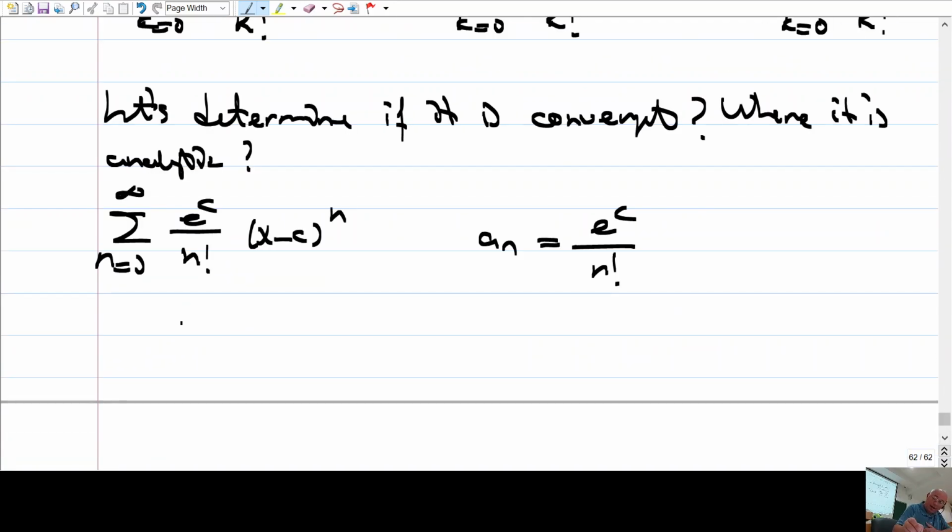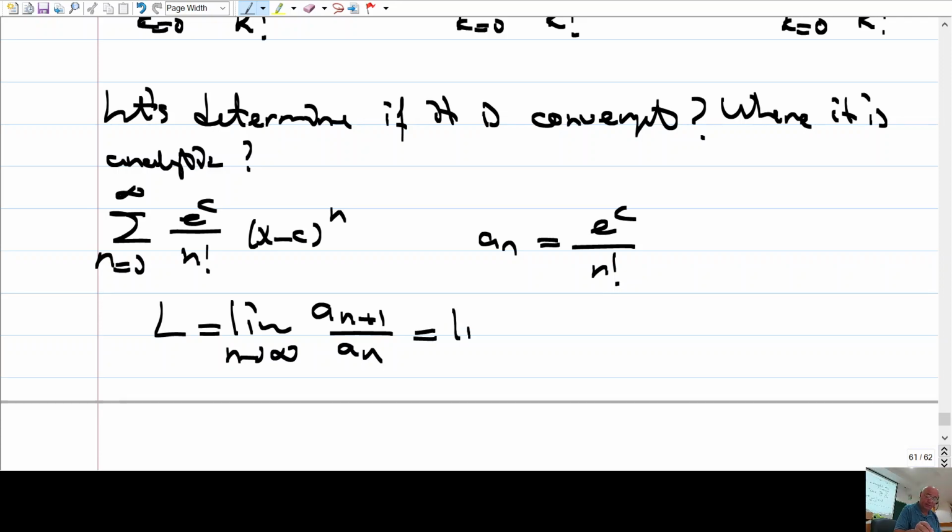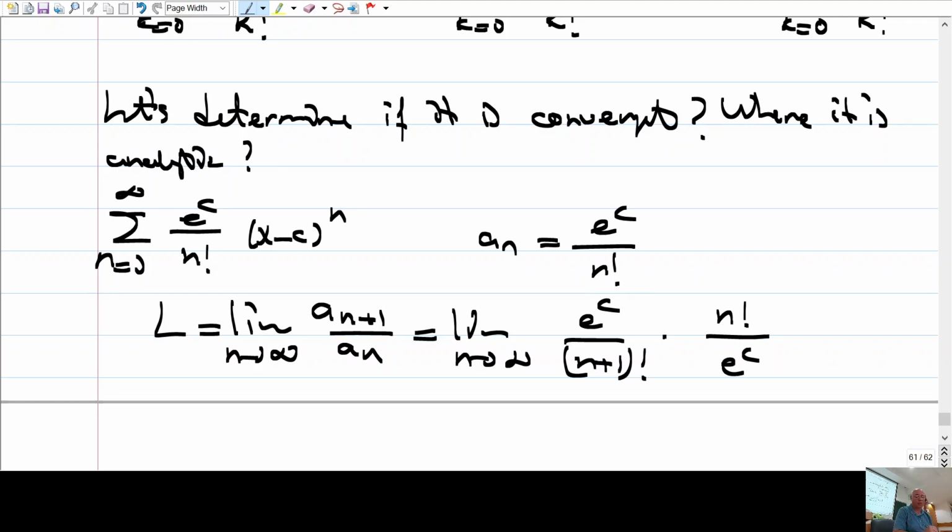So L was the limit of a_{n+1} over a_n as n goes to infinity, if the limit exists. Let's see if it exists. a_{n+1} is e to the power c over (n+1) factorial, divided by a_n, which is e to the power c over n factorial.